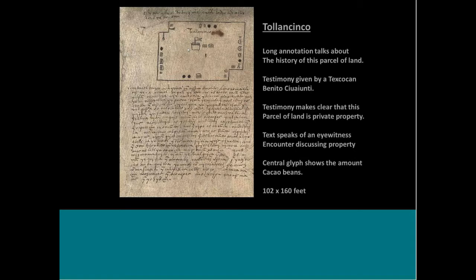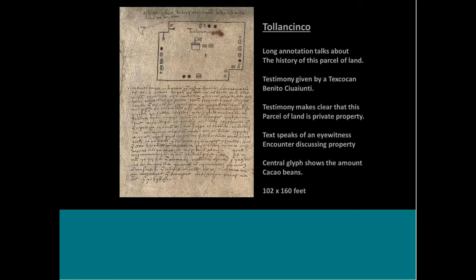So the entire map is really going to get into a lot of detail about property law, how property is handled in Nahua and Aztec society, and it gives us a great deal of insight into the sort of bureaucratic superstructure of Nahua culture and how land was really treated.